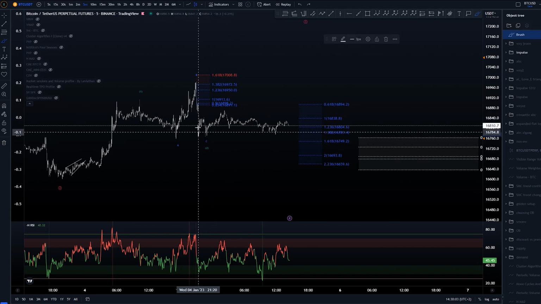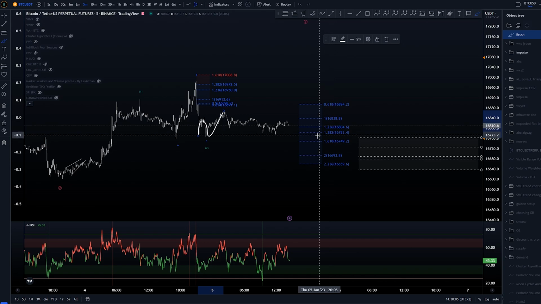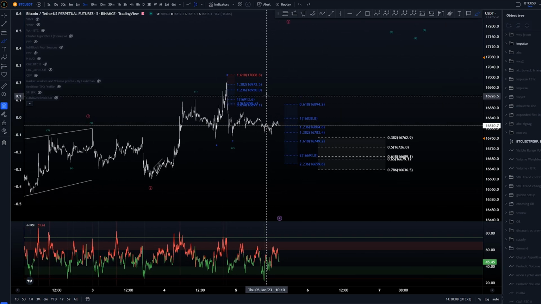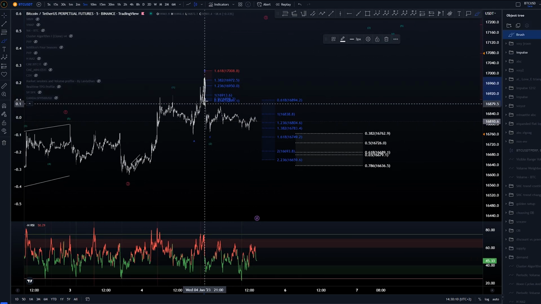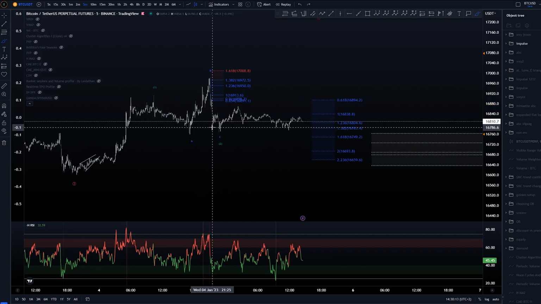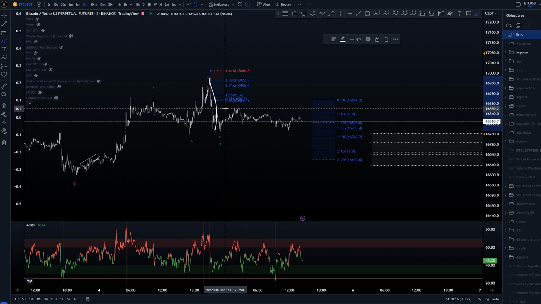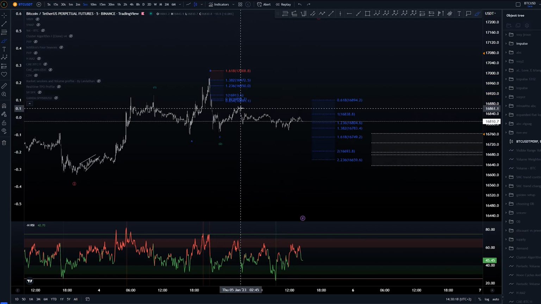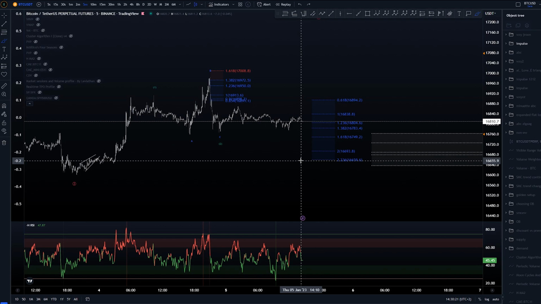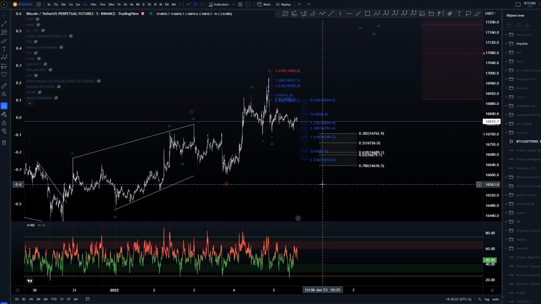However, there's also a possibility where this was a 3-wave structure like this. Where is it fitting? Well, it could be that we have this as a 3-wave instead into these lows, flats here, and then a continuation of this structure to the downside. However, this is taking so long here that it doesn't have the right look anymore.